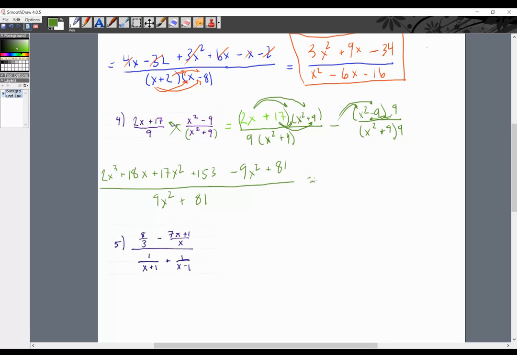Okay, let's simplify. I'm going to cross out my terms as I use them. So I got 2x cubed. Okay, any x squared terms? I have 17 minus 9. So was that 8? X squared.